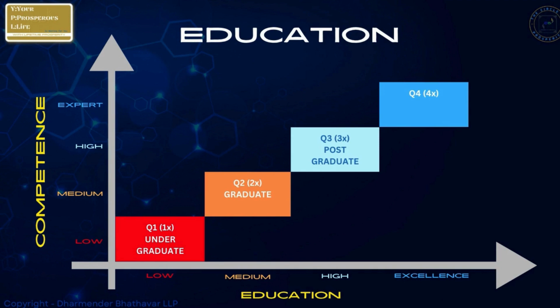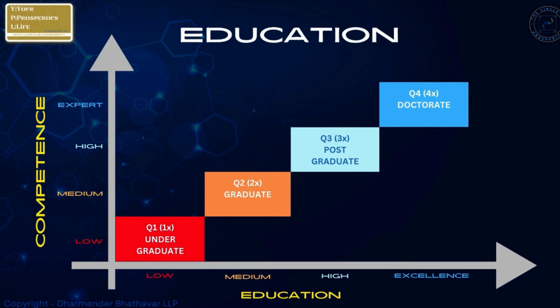And if your competency is at the expert level and you have achieved excellence in your educational field, that means you have been placed in quadrant 4, that is nXP is 4x, and you are a doctorate. So this is how we categorize everyone.